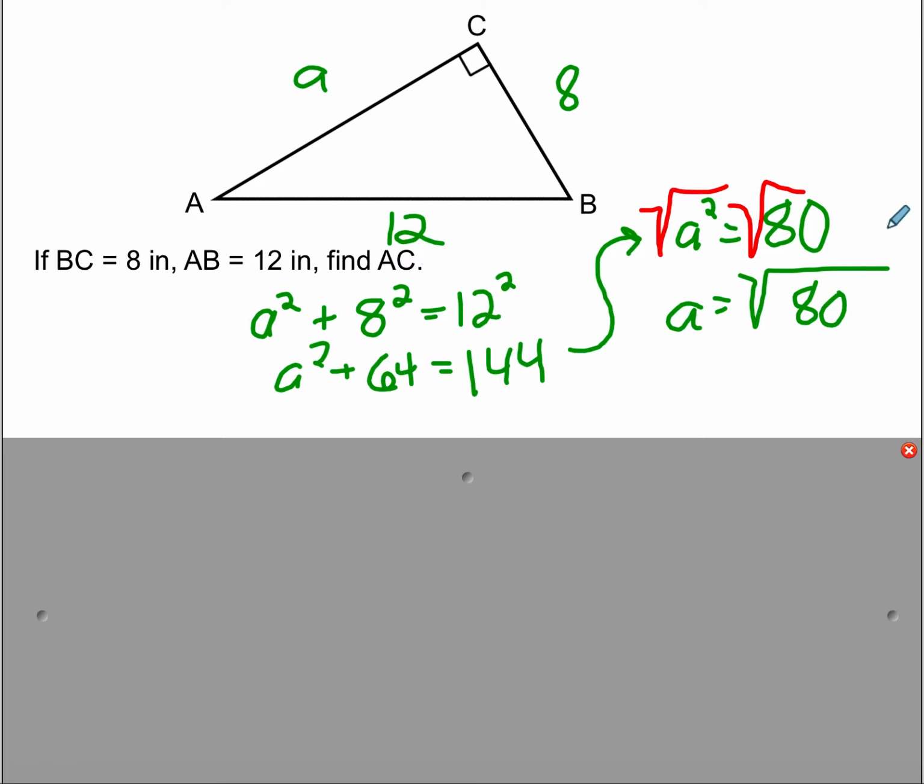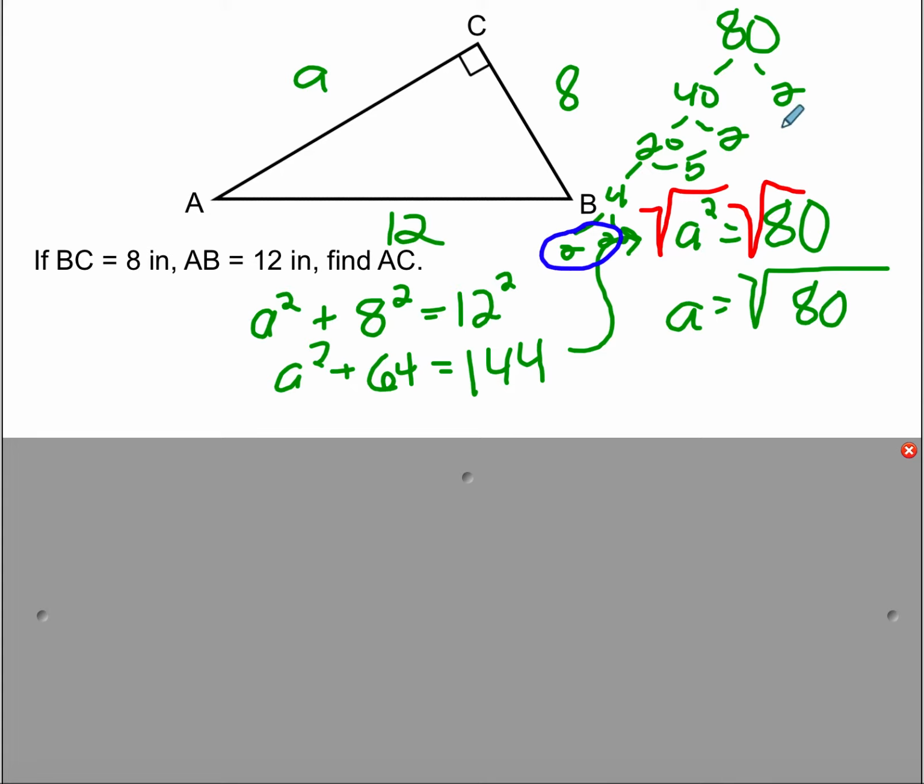And so just as a refresher for how to simplify this, I need to find the prime factorization of 80. And every time I have a pair of factors, I can take exactly one out. So I need to count my pairs.